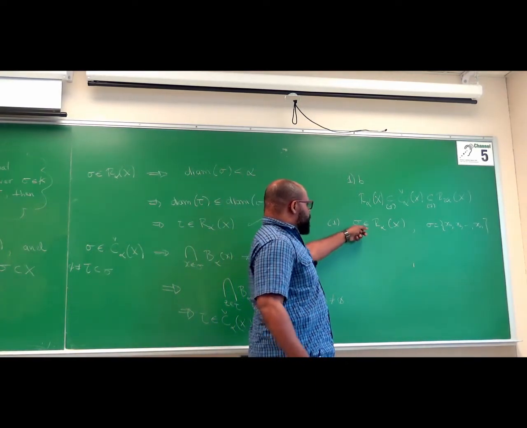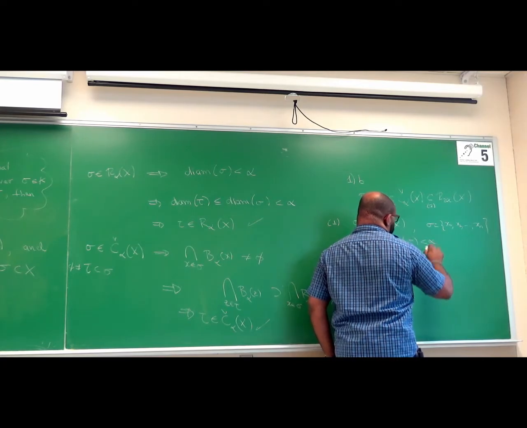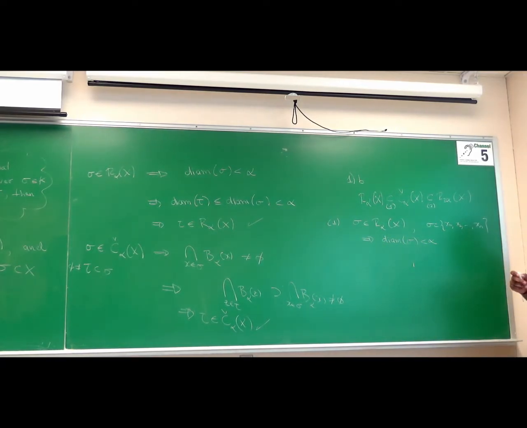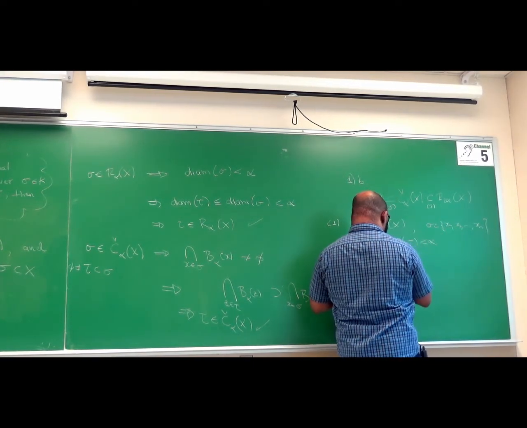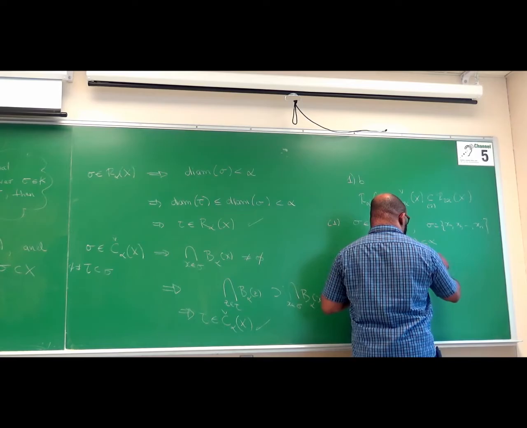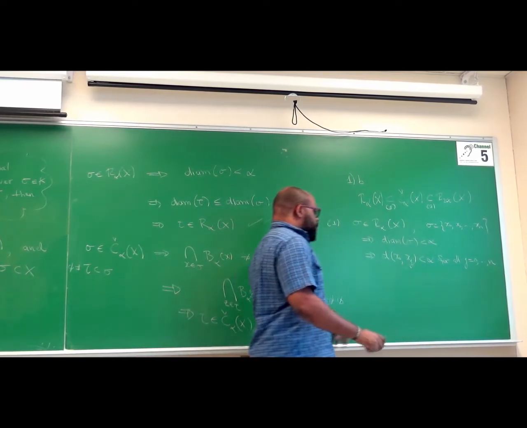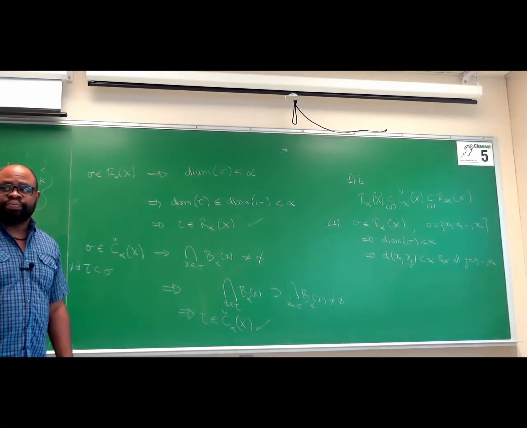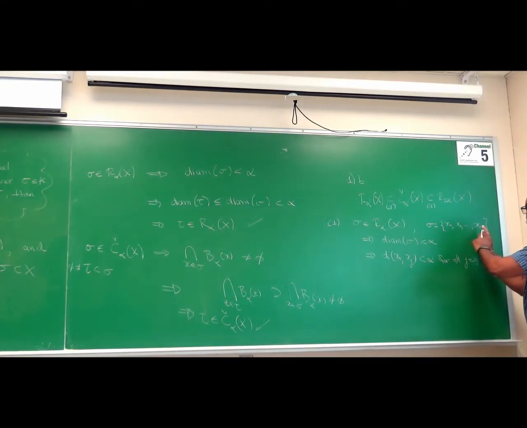So if sigma is in here, then that means that the diameter of sigma is less than alpha, right? So in particular, the distance from, let's say, x0 to xj is less than alpha for all j. Is that cool? Okay. Because the diameter is the maximum of all the pairwise distances between all the elements of sigma. So in particular, if you take the first one and compare it to all the others, then its distance is also less than alpha.